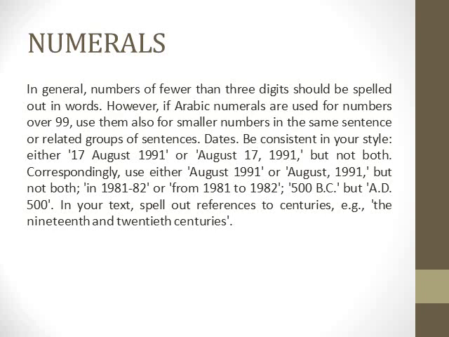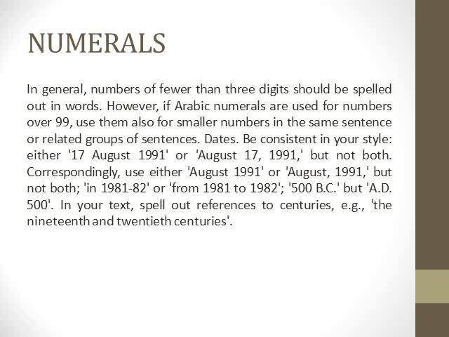Be consistent in your style, either '17 August 1999' enclosed in single quotation marks, or 'August 17, 1999' enclosed in single quotation marks, but not both. Correspondingly, use either 'August 1991' enclosed in single quotation marks or 'August, 1991' enclosed in single quotation marks, but not both.